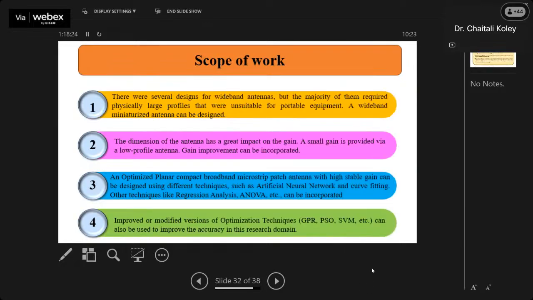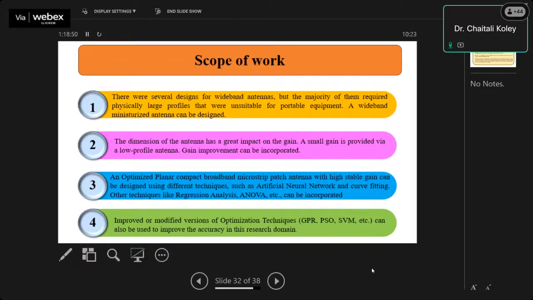Here, based on this, these are the possibilities we can think about to design a wideband antenna, which means we have to reduce the antenna size. Then the dimension of the antenna has a great impact on the gain. Small gain is provided by a low-profile antenna, so gain improvement is also required.